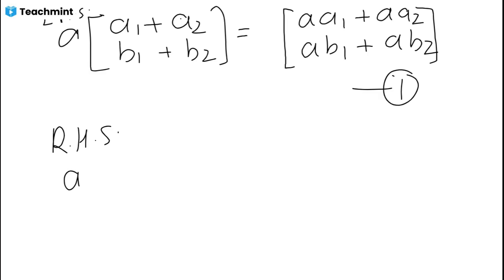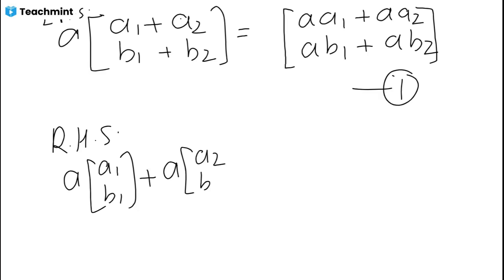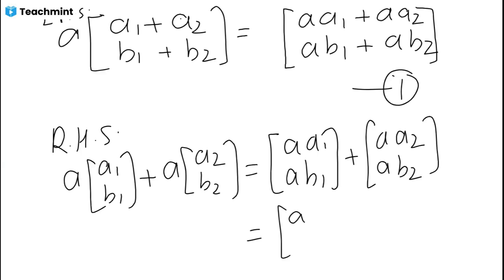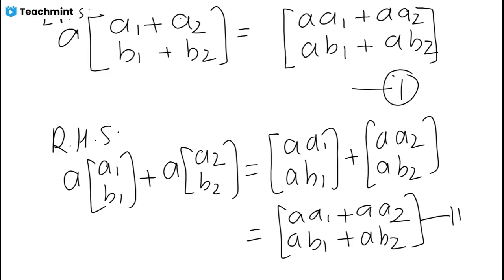RHS is a into u, that is a1 and b1 value of u, and a into v, a2 and b2. So it will multiply a into a1, a into b1 plus a into a2 and a into b2. Now let us add them: a into a1 plus a into a2 plus a into b1 plus a into b2. So this is equation 2.